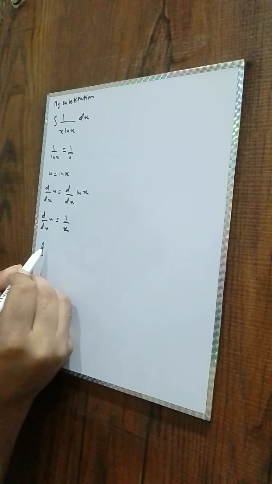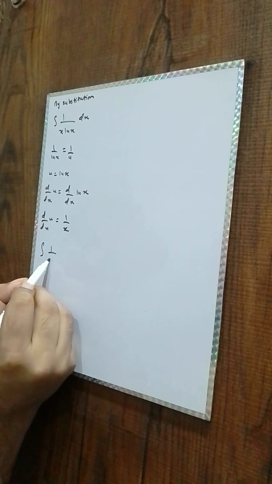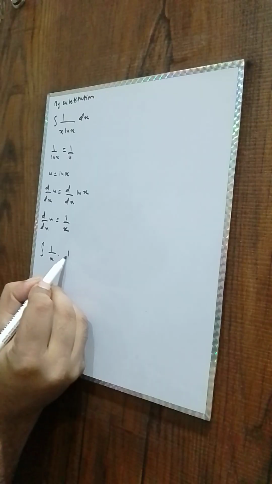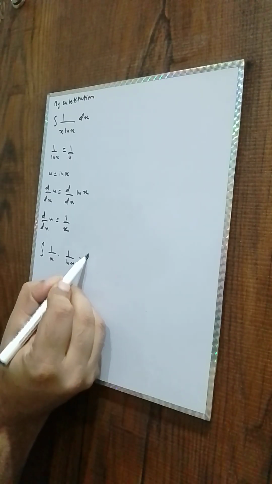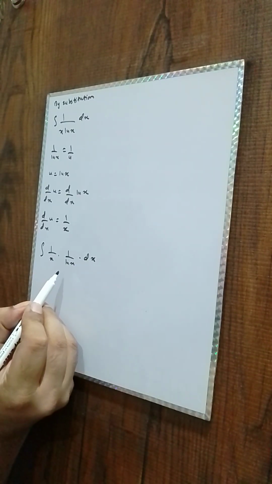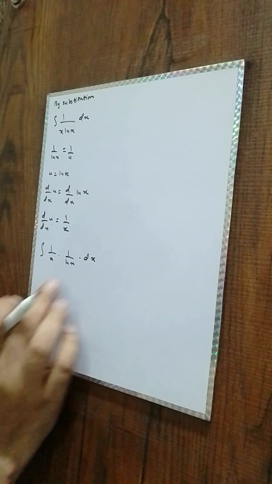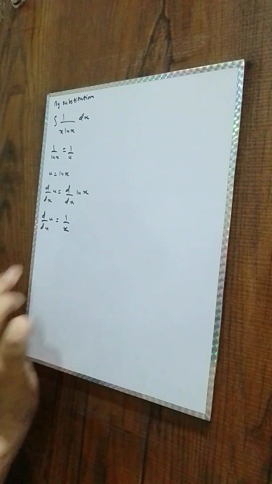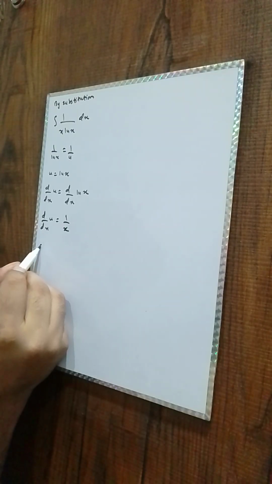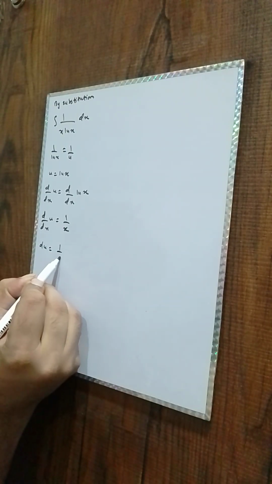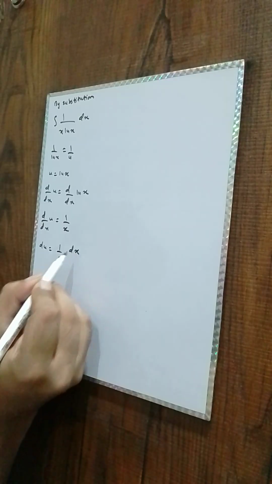You see, we have the function which is to be integrated, which is 1 by x dot 1 by natural log of x dot dx. So the substitution is, okay, wait 1 second. So du for us is 1 by x dot dx.